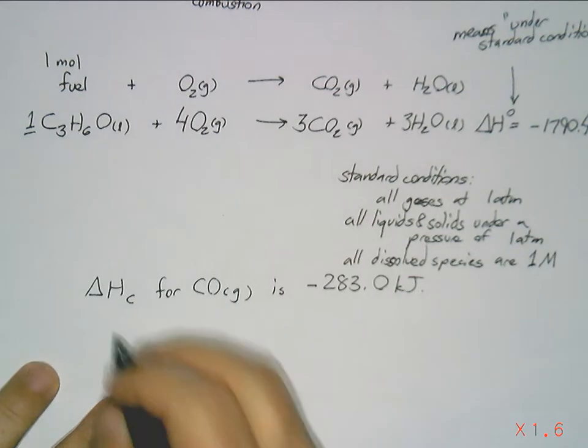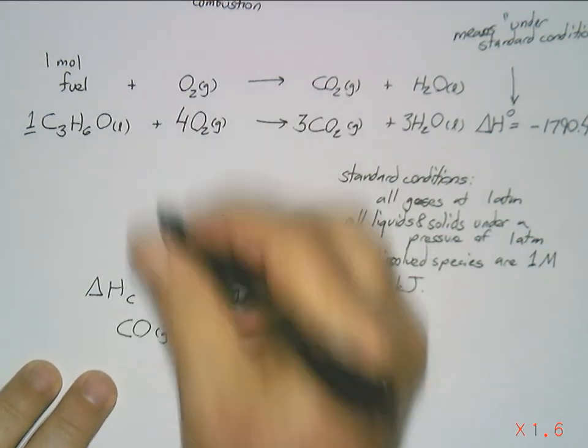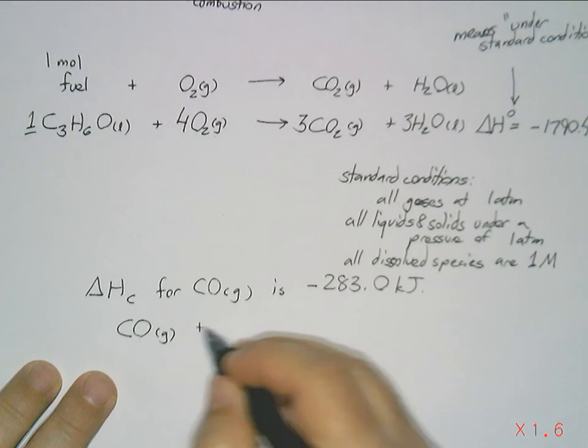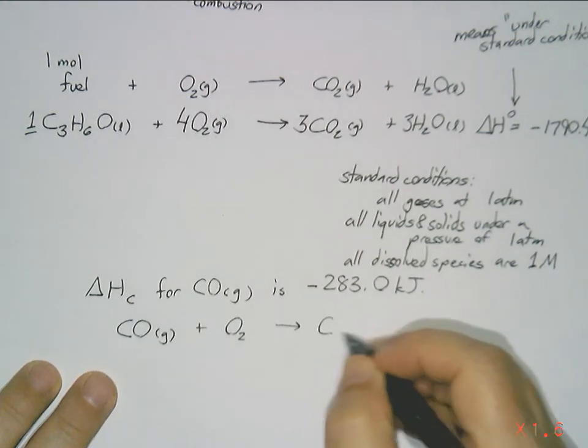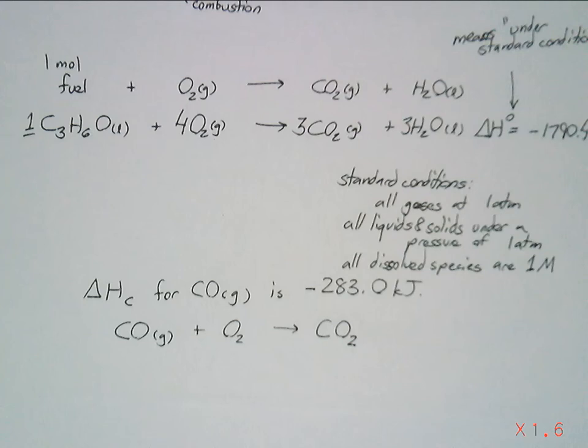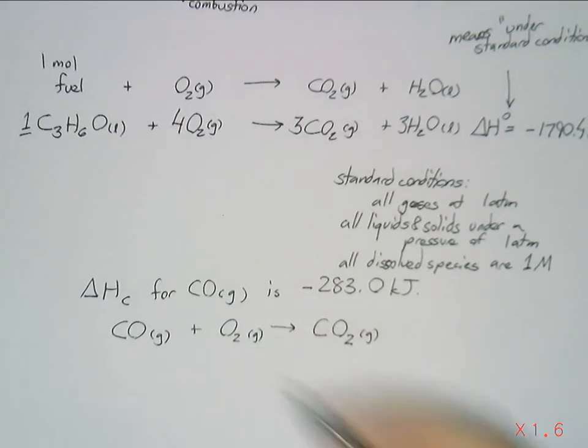All right, here's our fuel, carbon monoxide. The template says add oxygen to that, and all of the carbon in the fuel is going to turn into carbon dioxide. But there's no hydrogen in the fuel, so we don't get any water this time. So the combustion equation will just look like this.